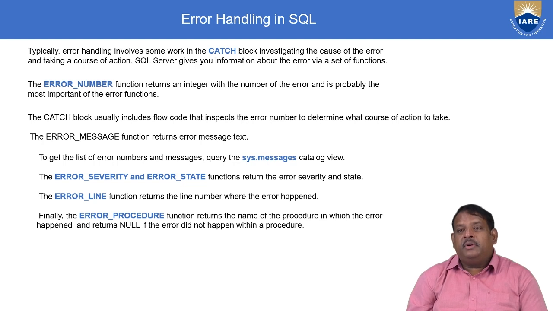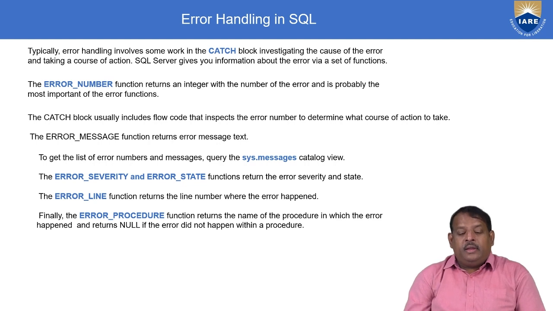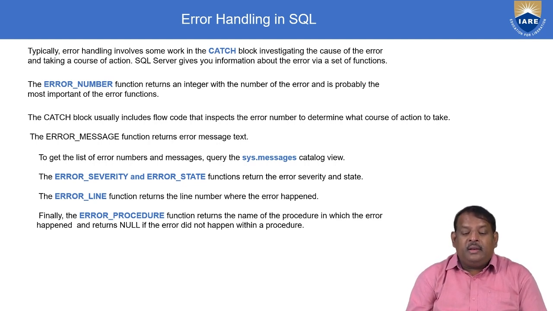You must have written multiple stored procedures to insert data, update, or view the data. If you get an error, you'll see the name of the procedure. If we don't get any error, it will display null. It returns null if the error did not happen within the procedure.